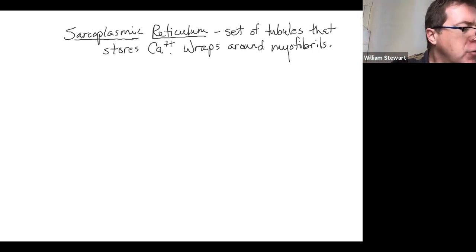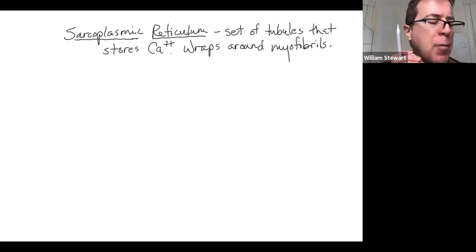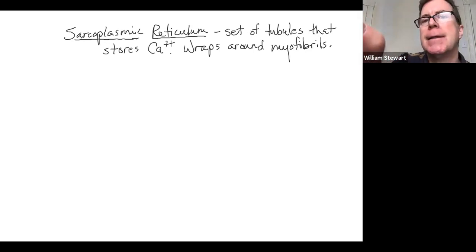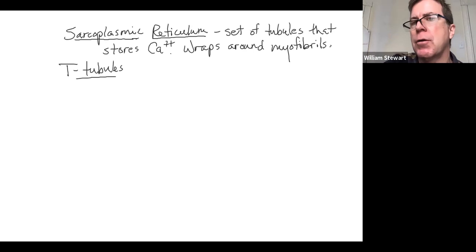I have two more terms, and then I'm going to get on to describing how this is all set up and how a muscle contracts. T-tubules are specialized structures. That's just short for transverse tubules.